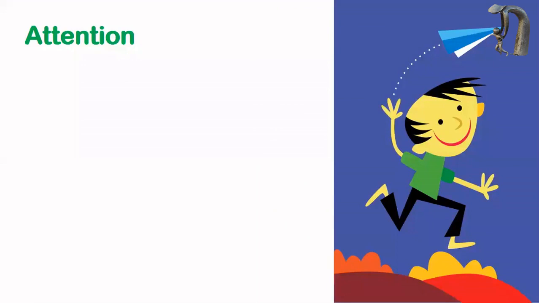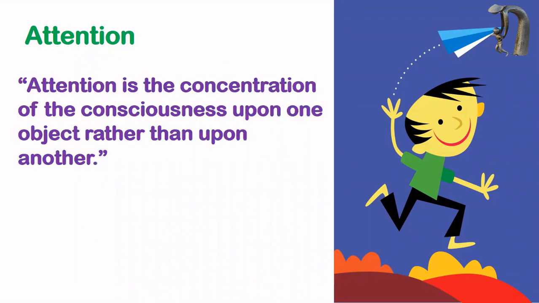Now, attention. When you listen to this word attention, that means you need to concentrate. Attention is nothing but a concentration of the consciousness upon one object rather than another object.